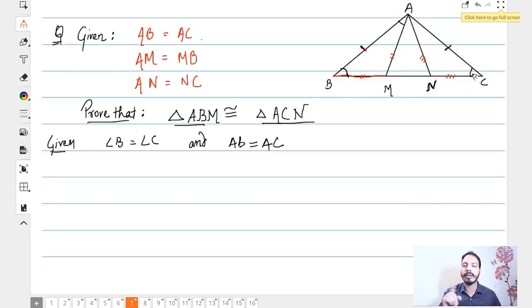So for example, this angle is equal to this angle, this side is equal to this side. Now if we are able to show that this angle is equal to this angle, then I can say these two triangles are congruent by angle side angle congruency, right? Or if I can say that this side BM is equal to NC, then by side angle side I can say. So anything you can do. So it's better we go for this one. Okay, so try to do this.